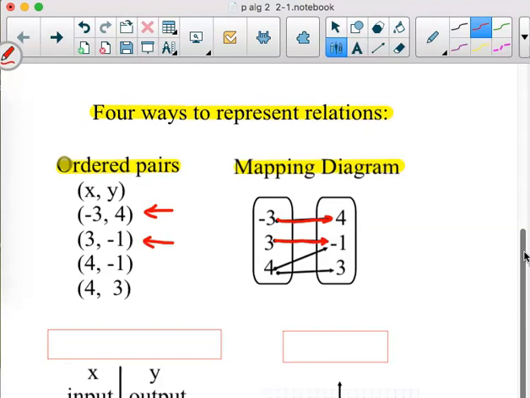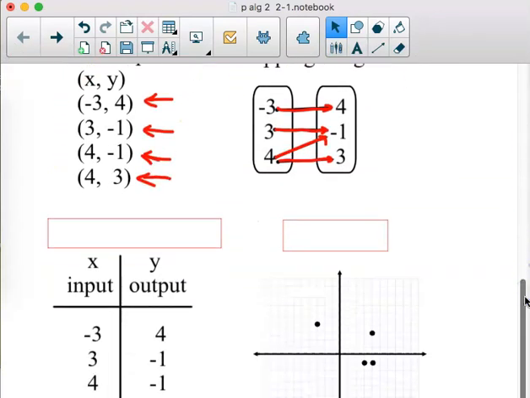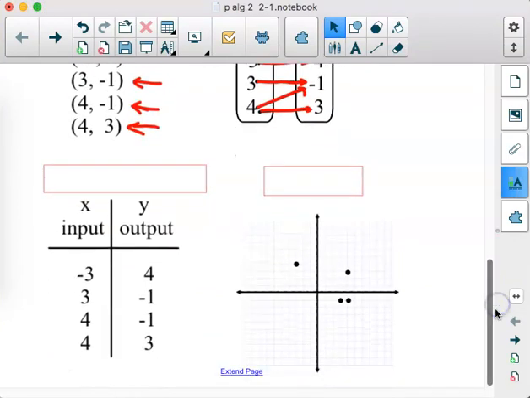That's exactly what that says. It's the ordered pair 3, -1. Put a 4 in, you're going to get -1. Yep. And you'll also get a 3. And there it is. So we can see that a mapping diagram tells us the exact same information that our ordered pairs told us. It just looks a little different, that's all.